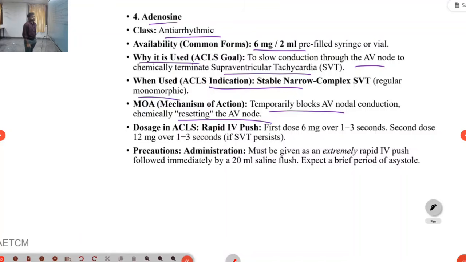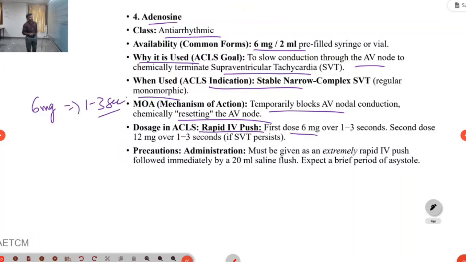The dosage in ACLS is a rapid IV push. That is very important. I will tell you why we have to give it as a rapid IV push. The first dose of adenosine is 6 mg over 1 to 3 seconds. This is very important.